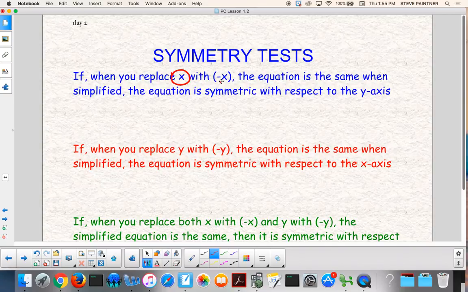And then we're going to work the problem out. And if it happens to be the same, it looks identical, then it is symmetrical to the y-axis. Okay? And we'll do it 3 times. We'll test it for y-axis, we'll test it for the x-axis, we'll test it for the origin. So tomorrow we're going to do those 3 tests.